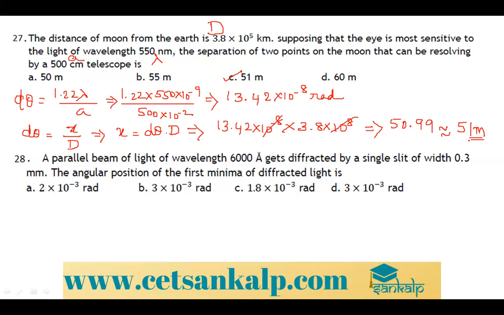Clear? Right. So next, a parallel beam of light of wavelength 6000 angstrom gets diffracted by a single slit of width 0.3 millimeter. The angular position of the first minima of diffracted light is.